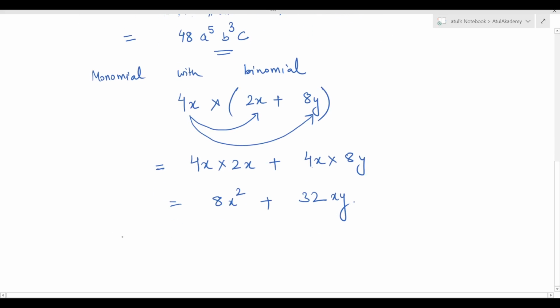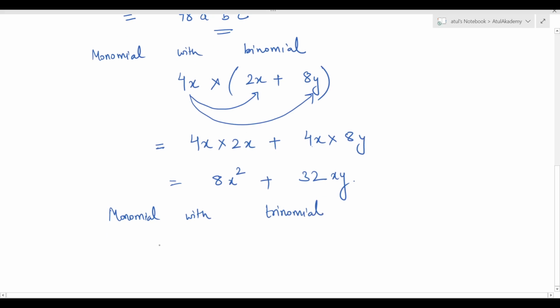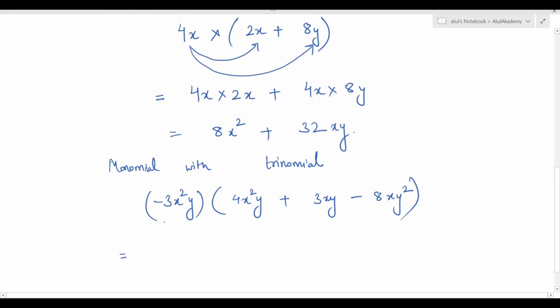Now let's multiply a monomial with a trinomial. Suppose I have minus 3x square y. That's my monomial. It has to be multiplied by 4x square y plus 3xy minus 8xy square. So big terms, let us multiply now. This will be multiplied by this, so I'll just directly multiply. Minus 3 into 4 will be minus 12.